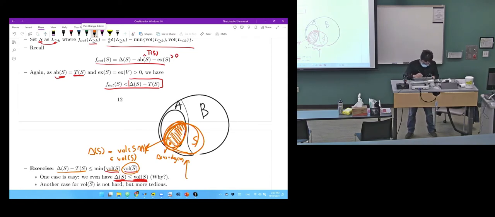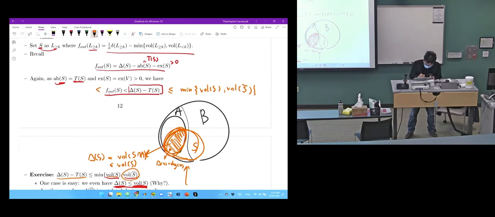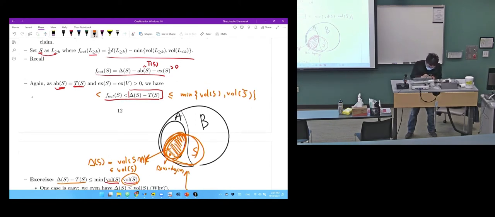So what we have here is that this part is less than the min of volume S and volume of the complement of S. But at the same time, we have that the flow going out of S is something like this thing minus min volume S here.